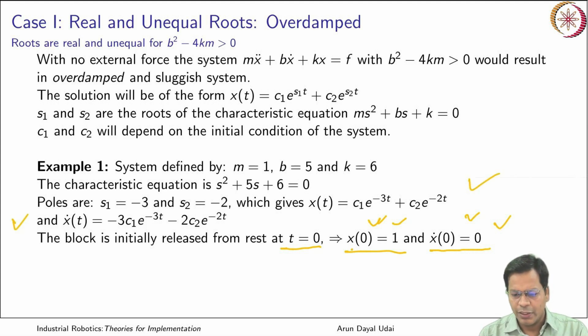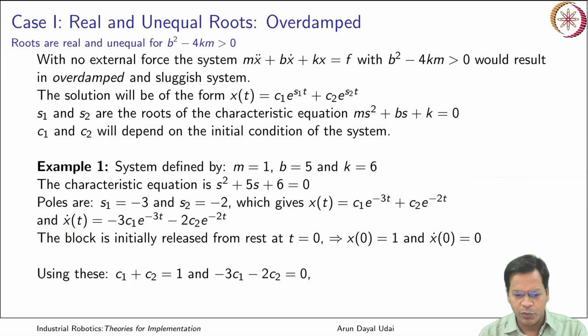At t is equal to 0, I just put t is equal to 0 in this and put x(t) equal to 1 here. So I'll get one equation, and again x dot 0 is equal to 0, so I'll put t is equal to 0 in this equation and get one equation for x dot.